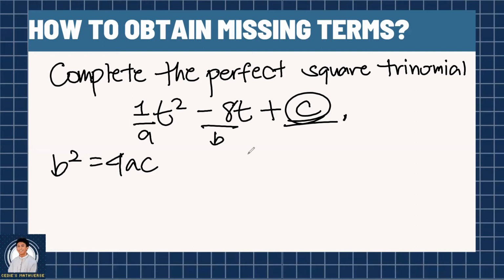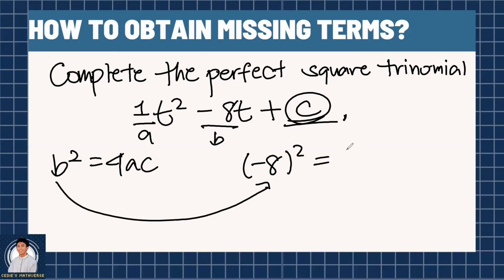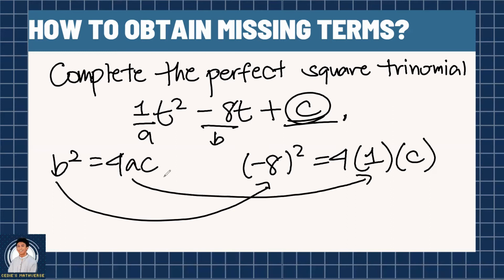This gives us negative 8 squared equals 4 times the first term, the quadratic coefficient rather, 1, then c. As we can see, the substitution from this generalized formula to this equation.